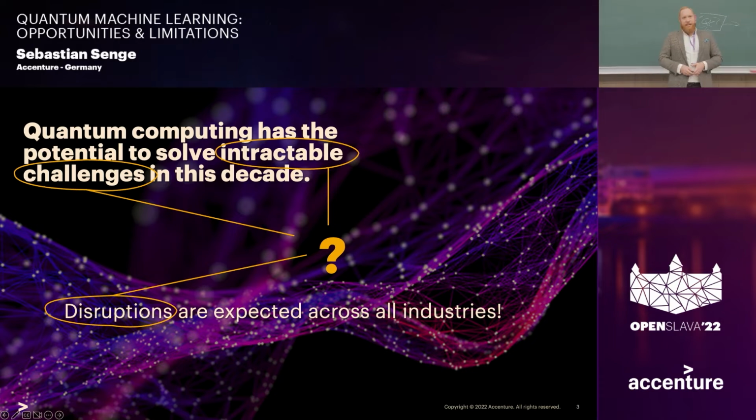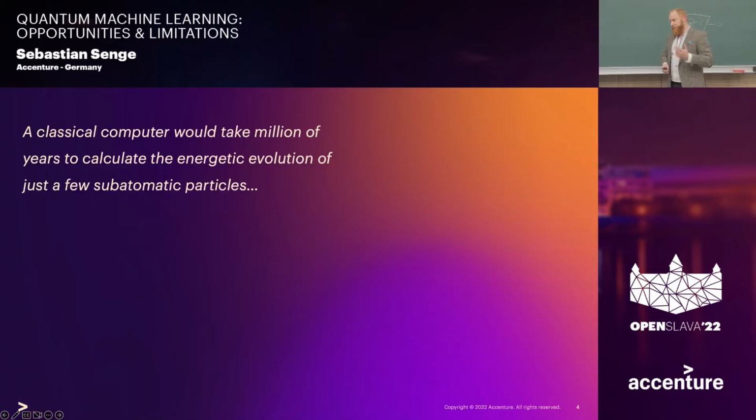To motivate that a little bit, let's have a look at this. If we think about subatomic particles and their energetic evolution, a classical computer would take easily multiple millions of years to calculate the next time steps for just a few particles. That is something we would call intractable.